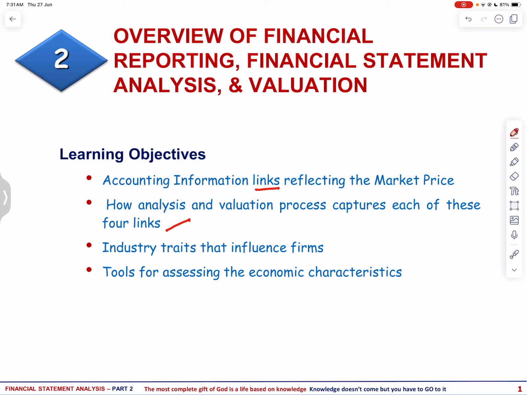Next, we will look into a few industry traits that influence how firms develop strategies, their profitability, growth potential, and risk levels, impacting the patterns observed in their financial statements. Finally, we will talk about the tools for assessing the economic characteristics that drive competition in an industry.